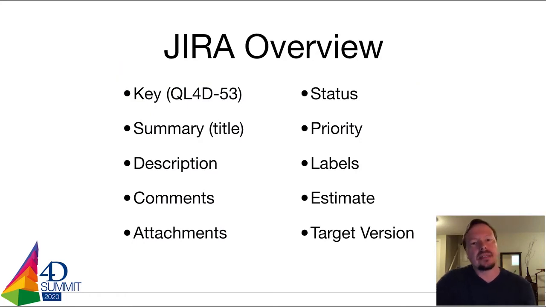In a JIRA issue, you'll have things like a key, primary key, that could look something like QL4D. In this case, just a quick shortening of the project name and a number. You have the summary, the title of the issue, and the description, the text of what you're trying to do.